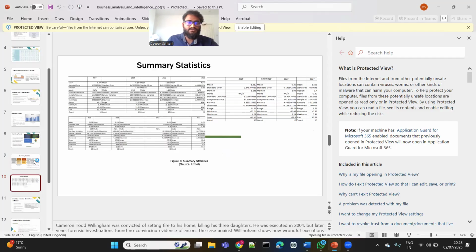This is from the Excel report. Here the statistical analyses are descriptive analysis, predictive analysis, and prescriptive analysis. Descriptive analysis uses data to understand the past and present, predictive analysis uses past performance, and prescriptive analysis uses optimization techniques.